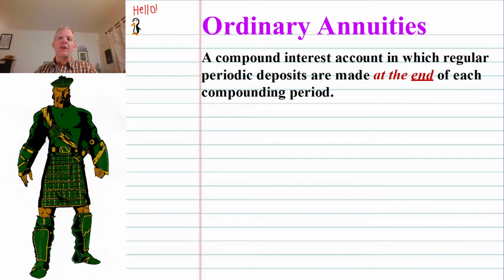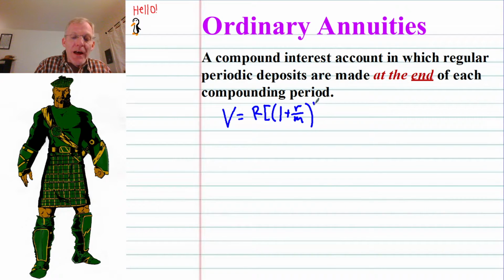So the ordinary annuity is really a lot like our compound interest formula that we're already used to seeing. It's this formula here. V, or the final value, is equal to R, the regular payment that you're going to be making, times 1 plus the interest rate, written as a decimal, divided by M, the number of times compounded per year, to the N, total number of times compounded.